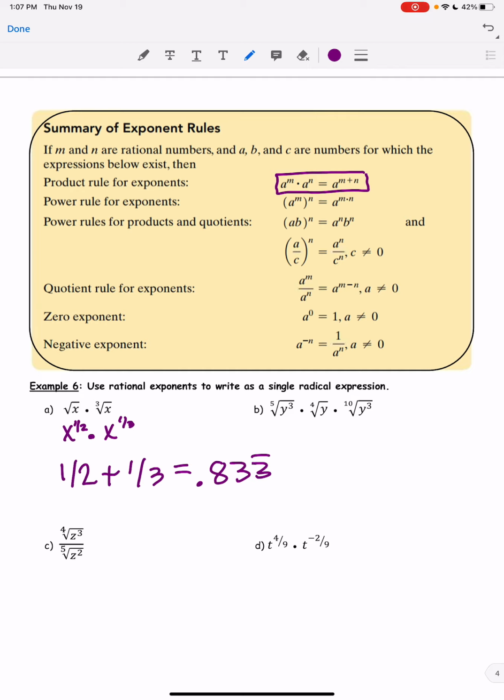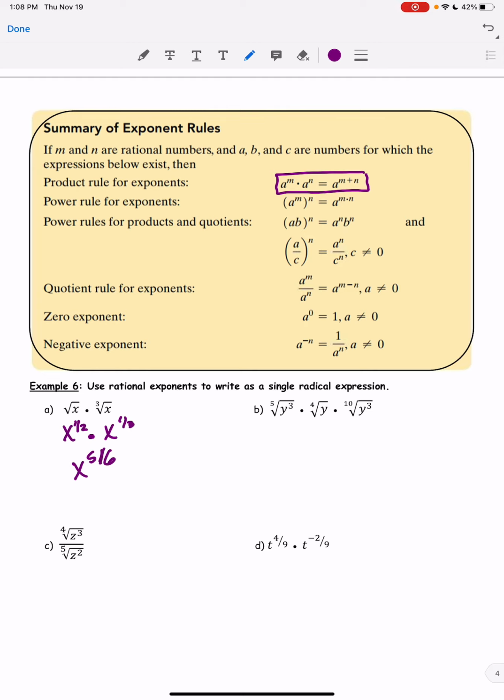So then hit your math and then hit that little fraction key. And that turns into 5/6. And that does help me. So I get x to the 5/6 power.